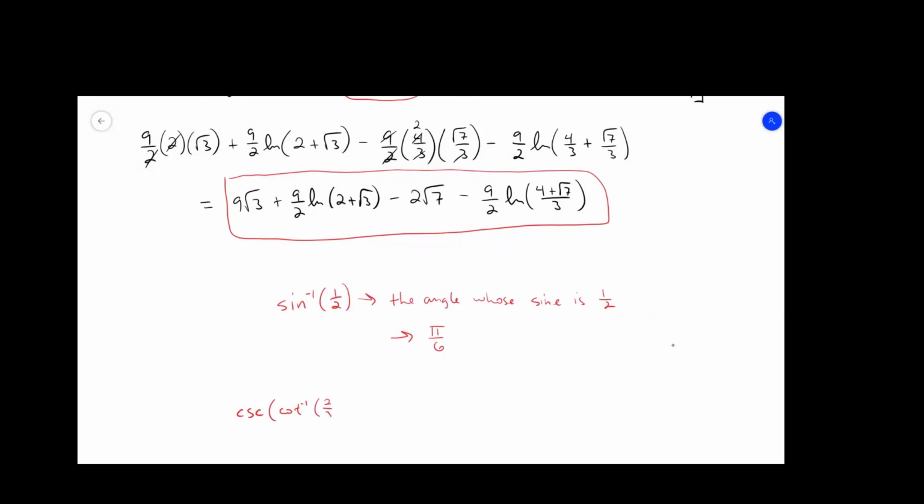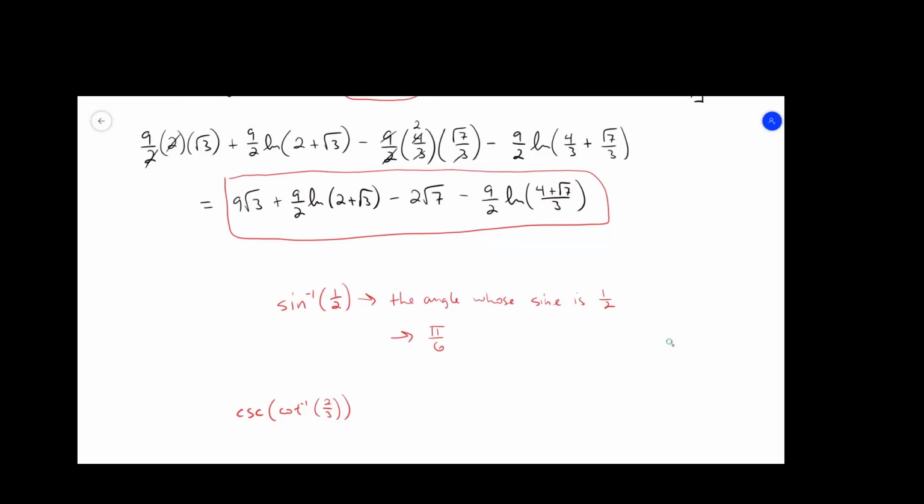It doesn't matter, anything, right? The cosecant of the arc cotangent of 2/3. How would I do that? This is actually something that you guys saw in your pre-calculus class. It's probably been a while, but this was covered in pre-calculus, exactly this type of stuff. How do you do the cosecant of the inverse cotangent of 2/3?